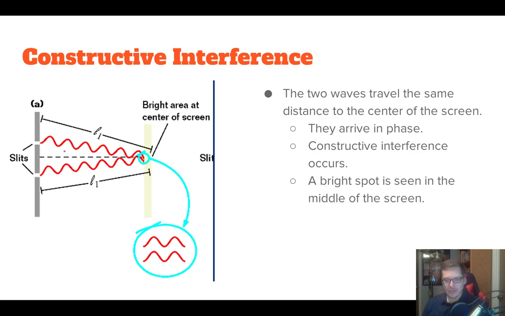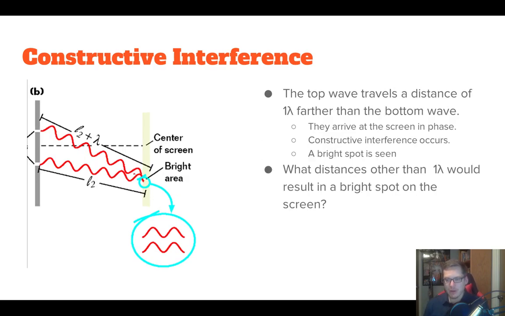Now you could imagine, when would the next place we get a bright spot be? Well, the next place we would get a bright spot is when we're exactly in phase again. This would occur when one wave has traveled exactly one wavelength farther than the other. Here, this was where the center was, so this was the bright spot, and we'd have the next bright area here when the distance traveled is exactly one wavelength more than the other, because this is when we'd be in phase again.